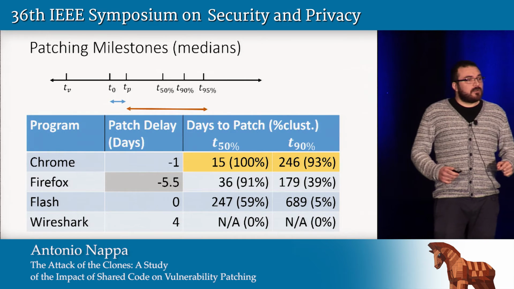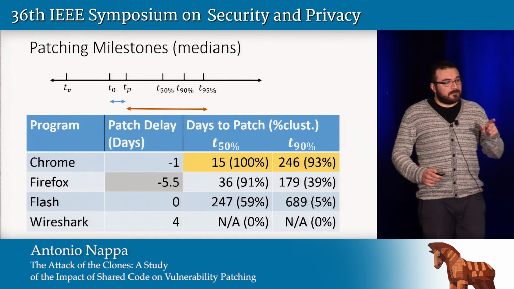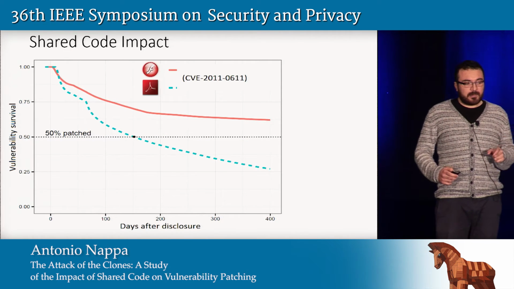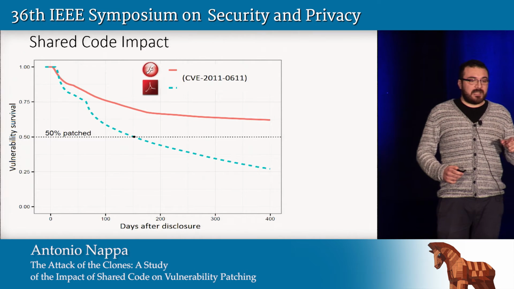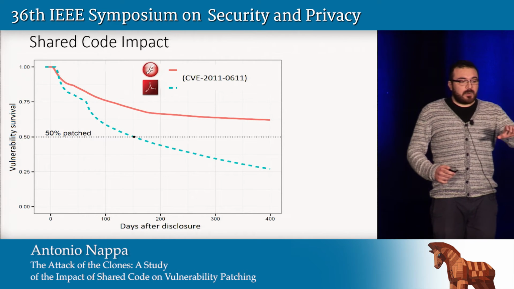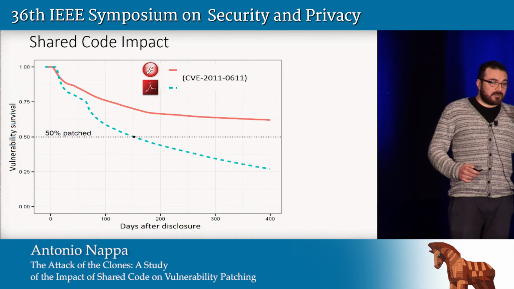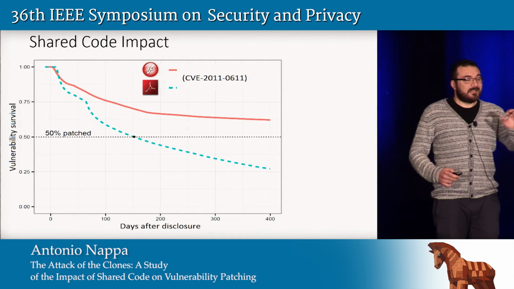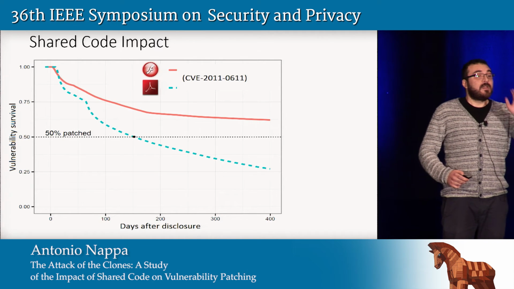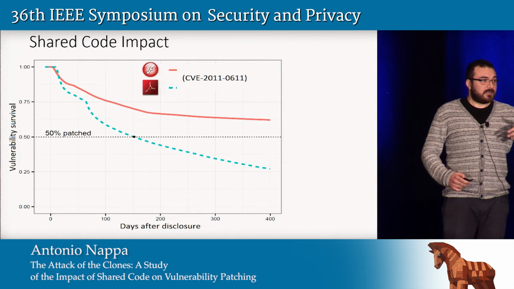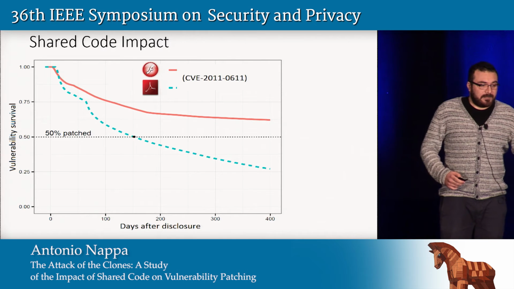Now, I will show you how the shared code impacts the vulnerability patching. So this is another plot of survival analysis. But as you can see here, we have two applications and the same vulnerability. So the idea that should pop up in your mind immediately is that these two lines should overlap because it's the same vulnerability, but they are patched differently.